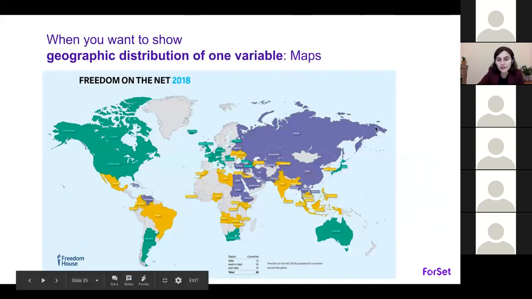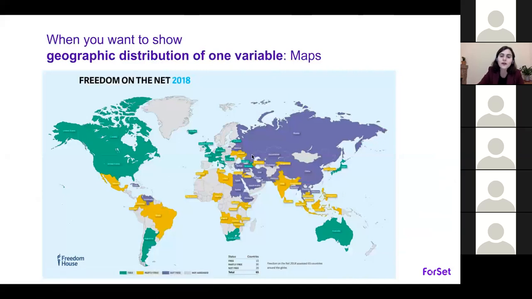For example, in this area, we see that it's not free. In North America, we see that it's free, and in South America some of the countries are partially free.